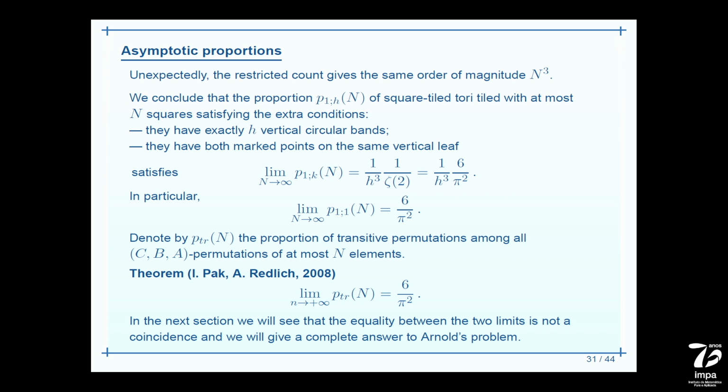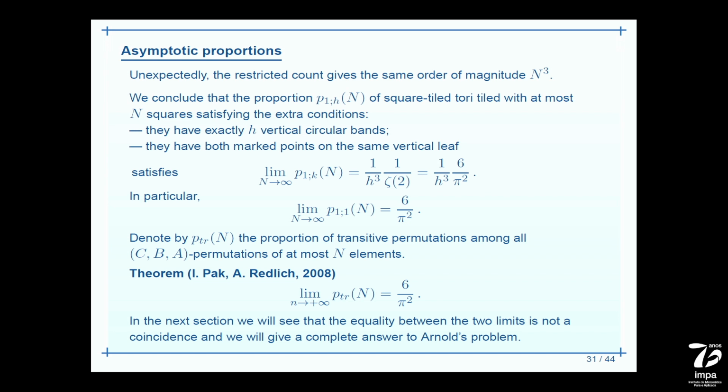And here's a theorem of Pak and Redlich of 2008, where they compute the frequency of transitive versa cyclic ABC permutations, and what a coincidence, the number is the same.